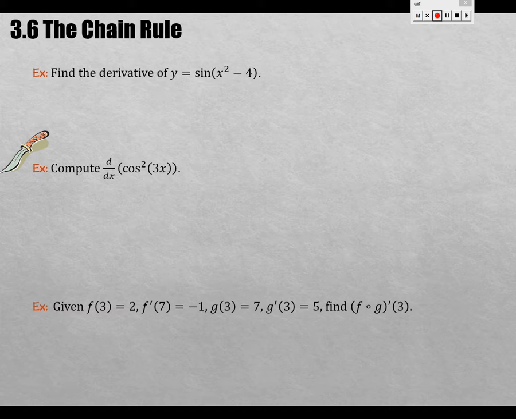F prime of g. The meaning of something squared is just an f squared, and inside that is going to be an f prime of x.